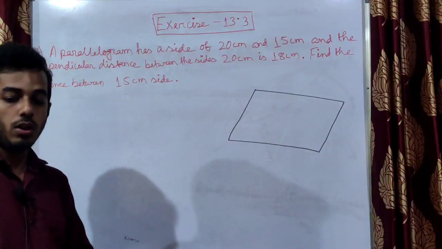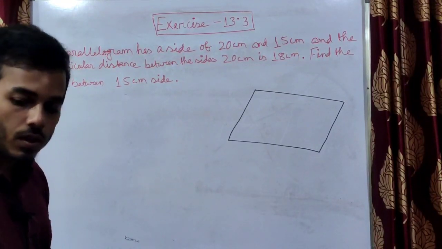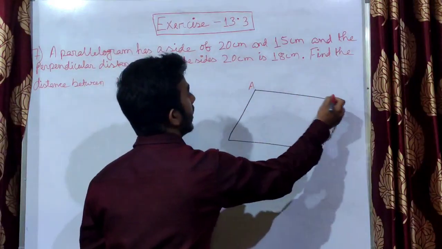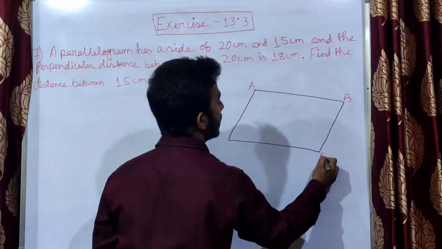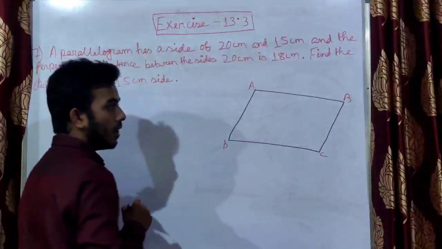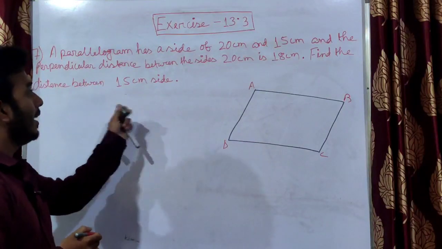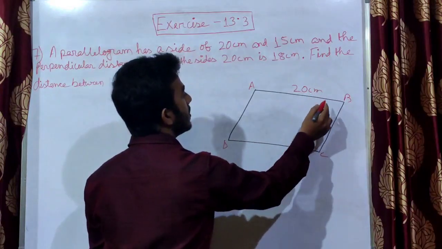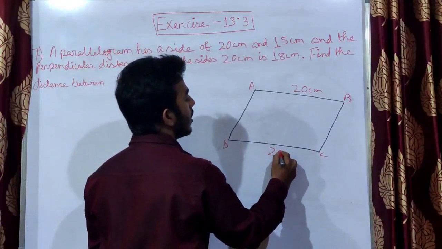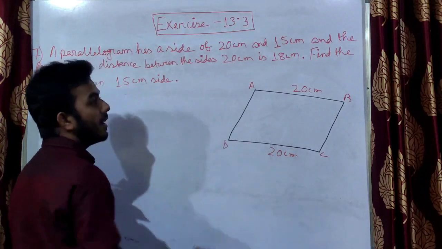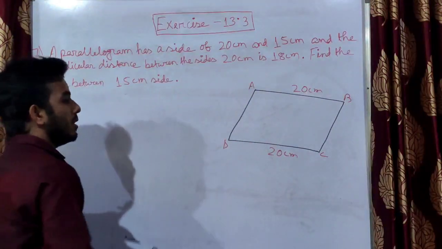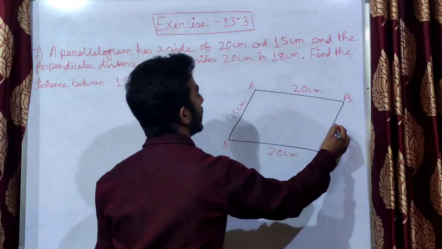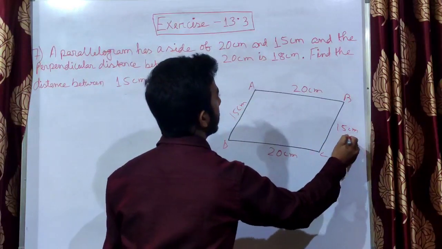Now we will name the parallelogram A, B, C, and D. Now the length of AB is 20 centimeter. So if this is 20 centimeter, this side will also be 20 centimeter, and the remaining side is 15 centimeter, right? So the length of AD is 15 centimeter. This side is also 15 centimeter.